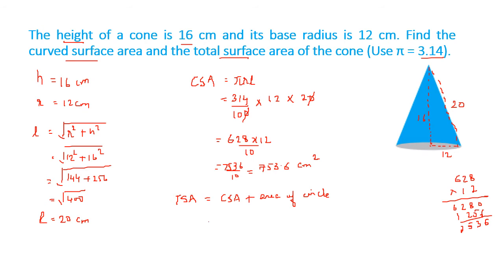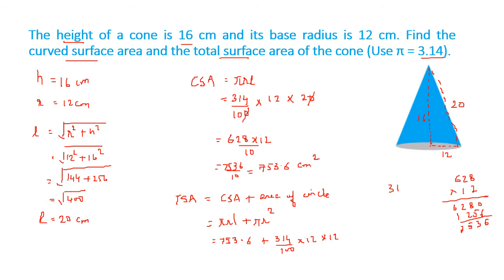or pi r L plus pi r square. Pi r L we already found out, 753.6. Pi r square will be 314 upon 100 into 12 into 12.